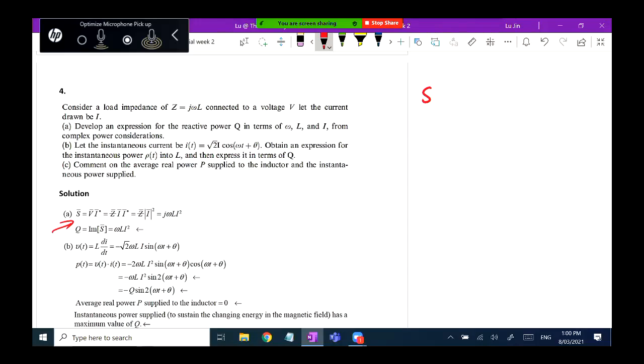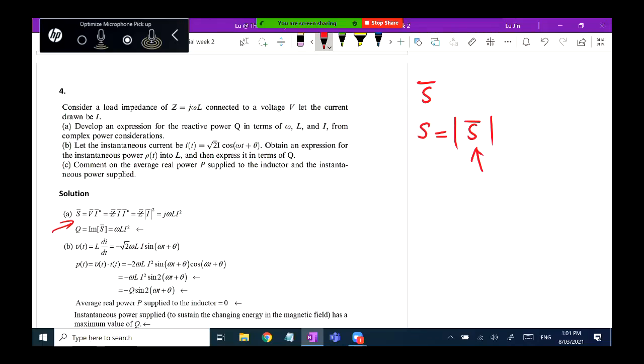I think this part is a bit confusing, because in some cases, as I mentioned in lecture, we denote the apparent power using a similar notation, just S. You need to understand the relationship between these 2 terms. S, the apparent power, should be the magnitude of the complex power. In other words, this apparent power S is actually the magnitude of the vector S.